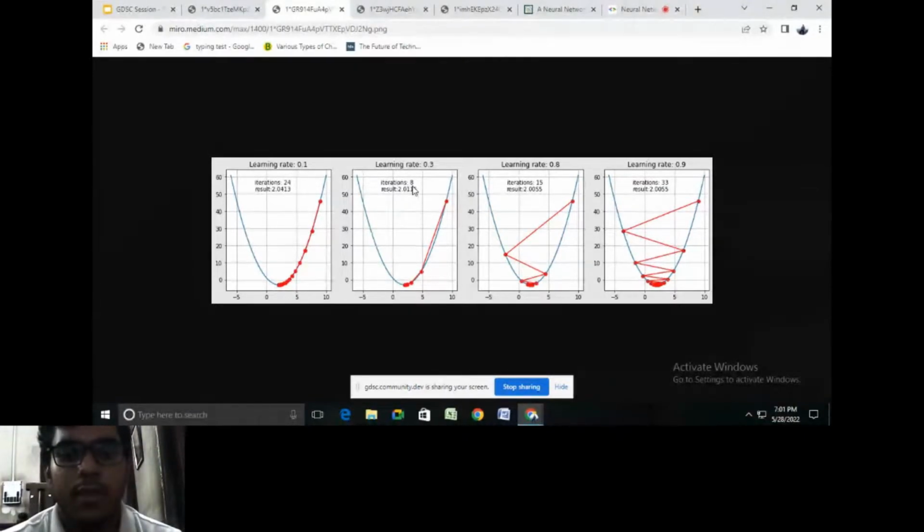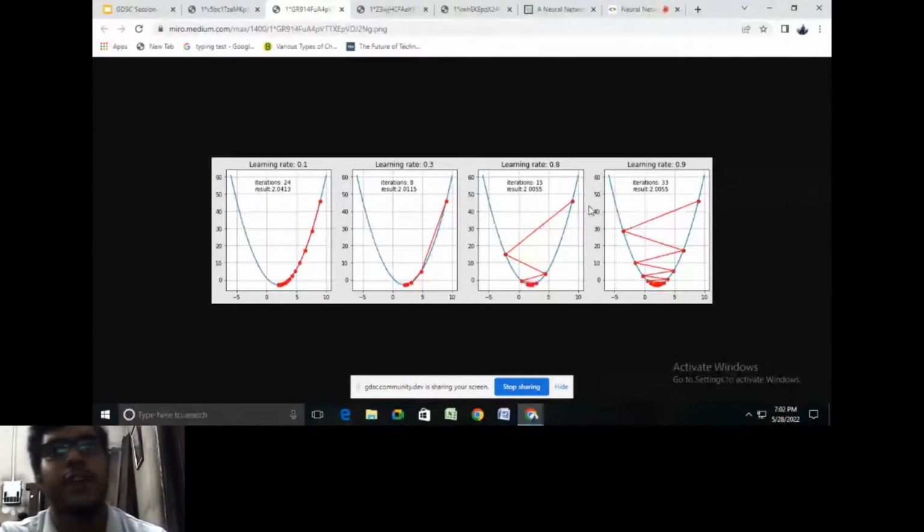So what are the things that we can conclude from this comparative study? Can anybody tell me? There are 4 different learning rates increasing from left to right, but the number of iterations are different. The result is almost the same.